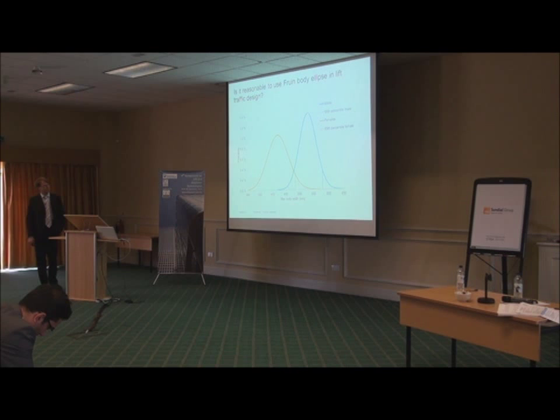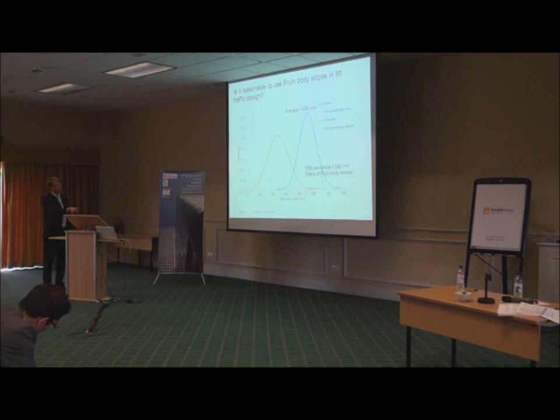So here you can see the distributions of male and female body widths, and this 95th percentile man is here, and this 95th percentile means that 95% of all men are smaller than this particular one. And then of course all the females are also smaller than this one.